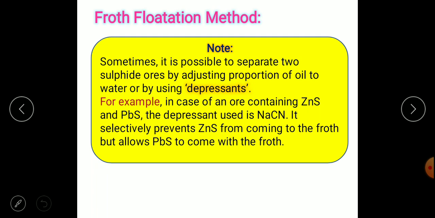The depressant used is sodium cyanide. It selectively prevents zinc sulfide from coming to the froth but allows lead sulfide to come with the froth. So when there are two similar ores, we can use this depressant. A depressant is a chemical which inhibits the absorption of a collector by a mineral particle and thereby prevents the flotation.